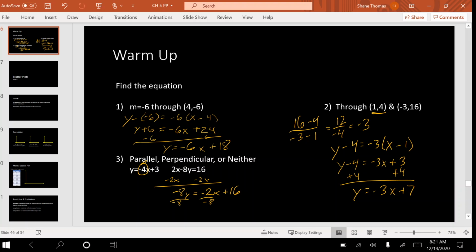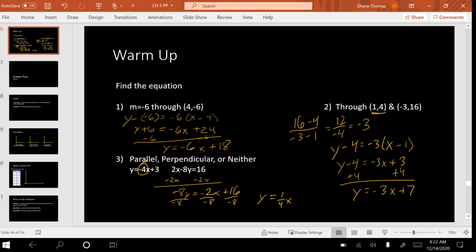Divide negative 8 by everything. Okay, so then now I have y equals, what's negative 2 over negative 8 going to be? What's 2/8? Okay.